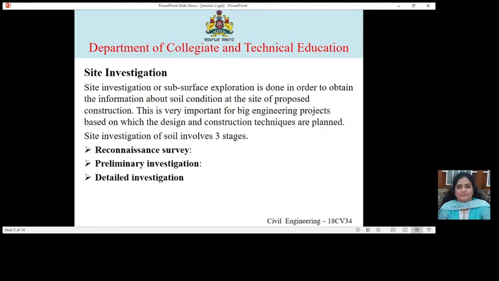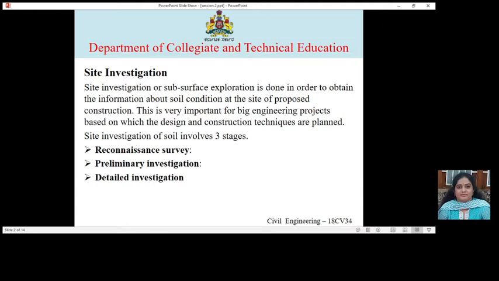Site investigation or subsurface exploration is done in order to obtain information about soil condition at the site of proposed construction. This is very important for big engineering projects, based on which the design and construction techniques are planned. So this is the very initial step for each and every big project especially.